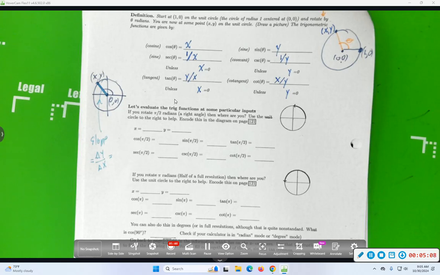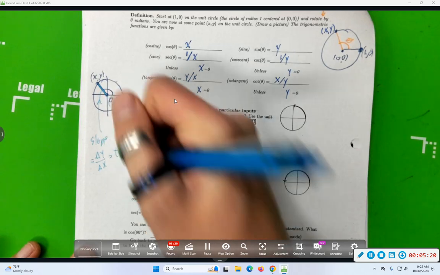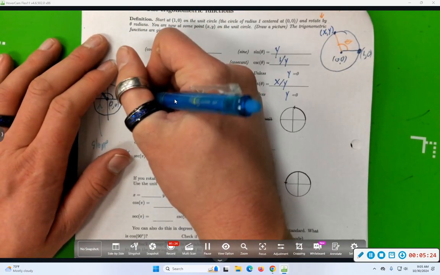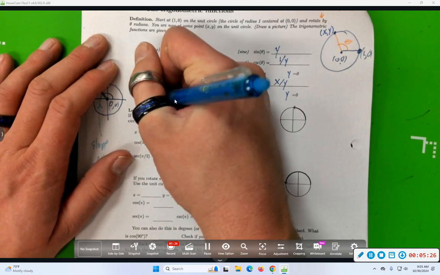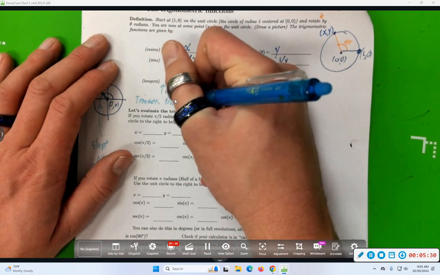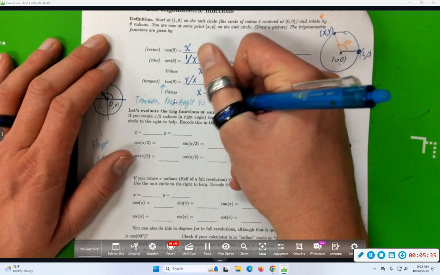What do you get? y over x. Oh, cool, that's tangent. So here's one bit of geometry. Tangent of theta translates from an angle to a slope.